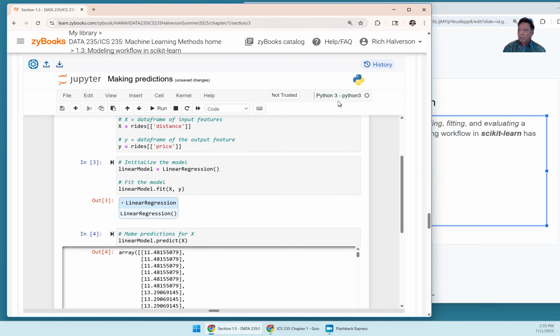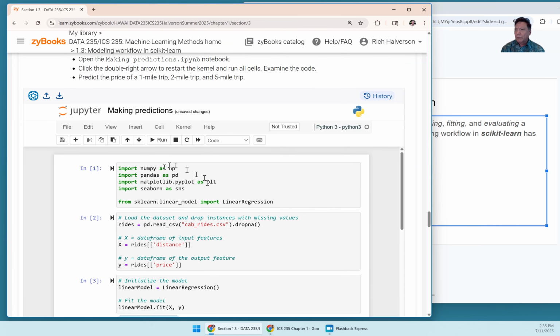And here we go. The first thing we do is import the NumPy library, and we're going to refer to the methods in that library by prefixing them with np period. Same with pandas, pd period, and the plotting libraries here. And then we're going to bring in scikit-learn.